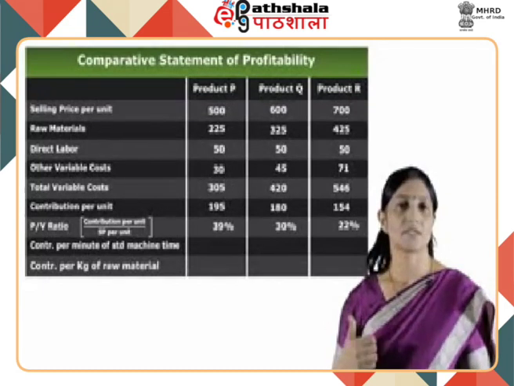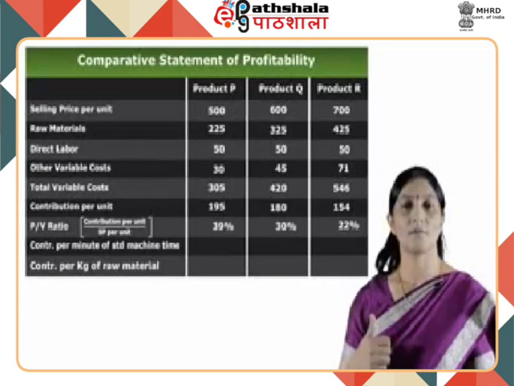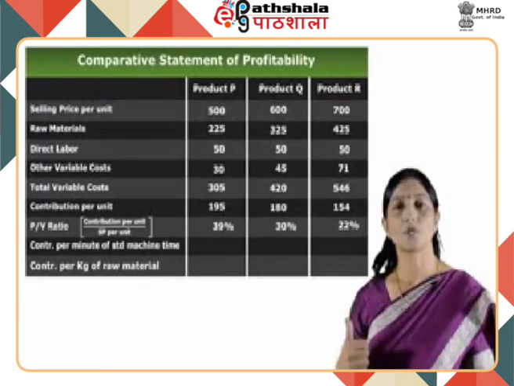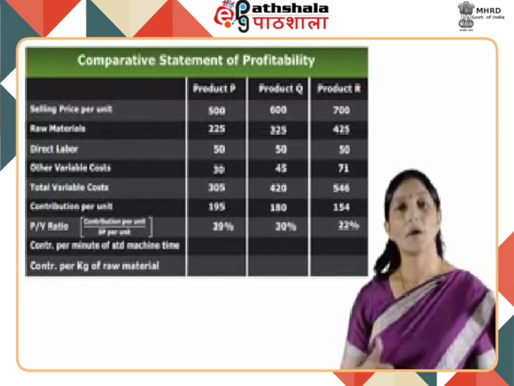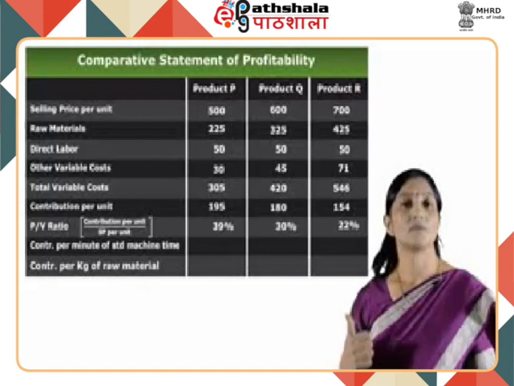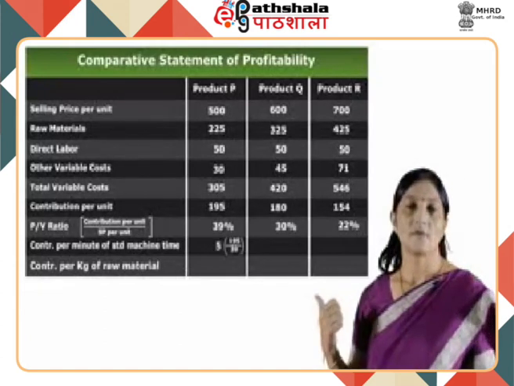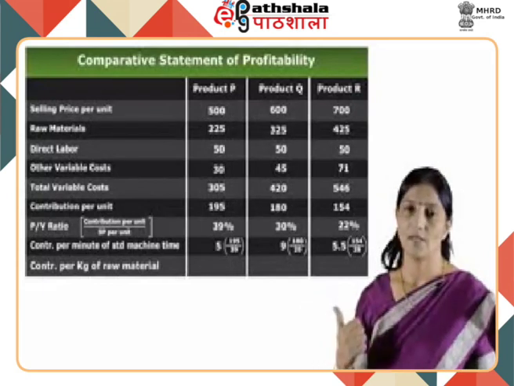When the capacity is limited by machine time, in that case, contribution per unit of standard machine time is to be computed by dividing contribution per unit by the standard machine time required per unit of output for each of the three products P, Q and R. It comes out to be Rs 5, 9 and 5.5 for product P, Q and R respectively.